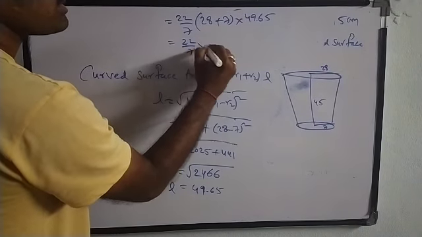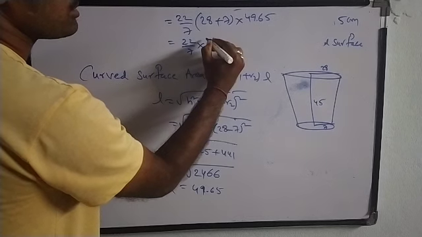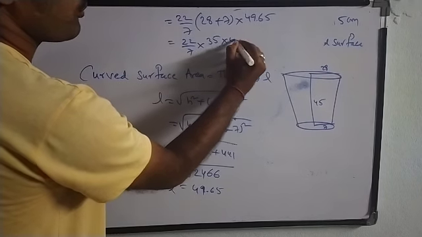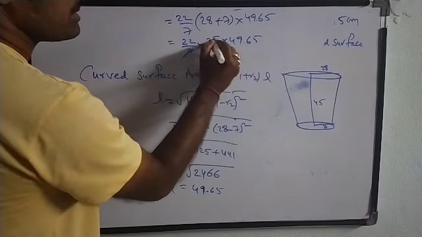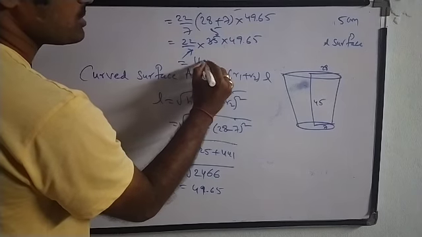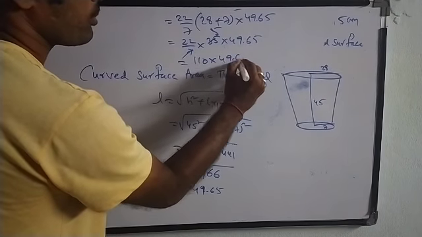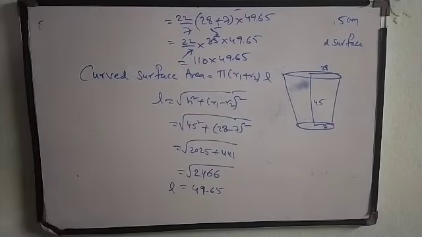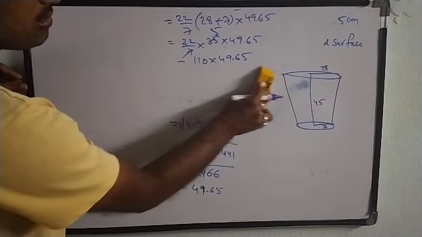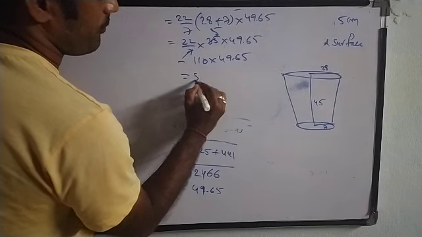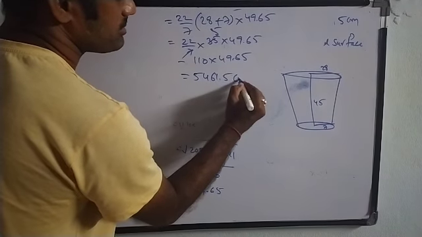So 22 by 7 into 35 into 49.65. 7175. So it is 110 into 49.65, which is 5461.5 centimeter square.